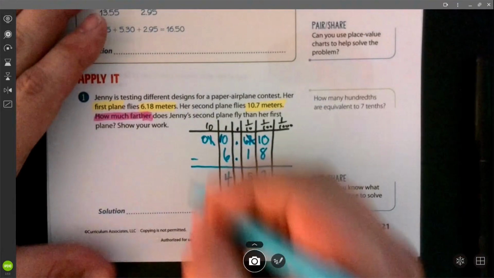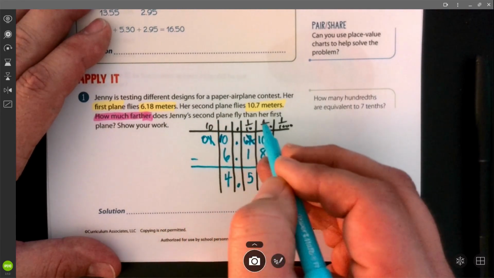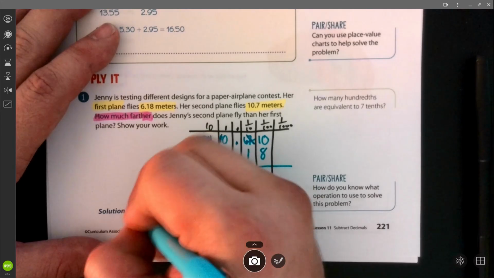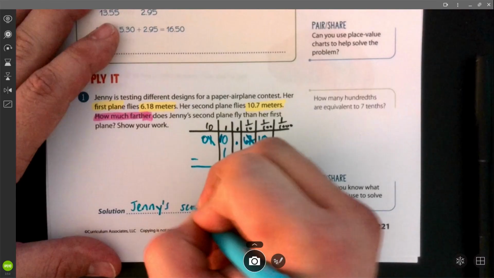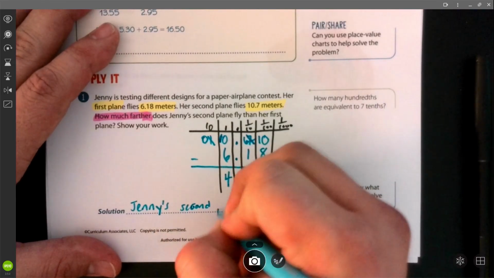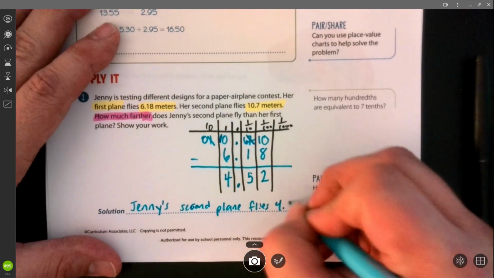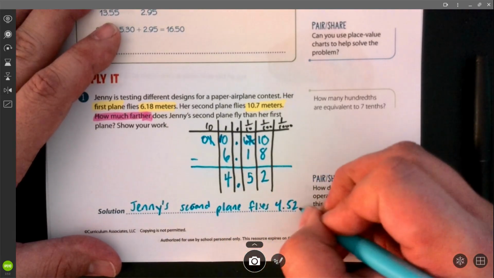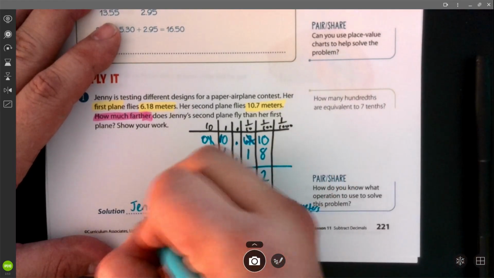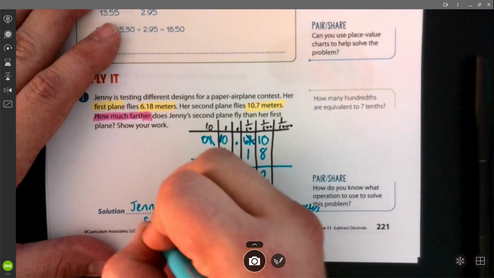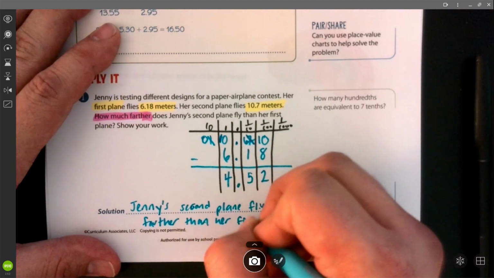So the question was, how much farther does Jenny's second plane fly than her first? So Jenny's second plane flies 4 and 52 hundredths meters farther than her first.